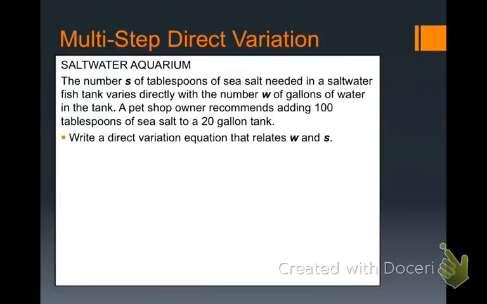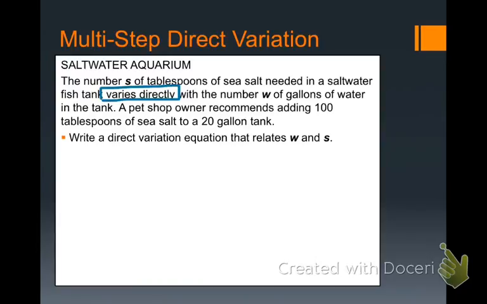Direct variation applies to a lot of real-world situations. We will give you a situation and ask you to set up the direct variation equation. So we have a saltwater aquarium. The number S of tablespoons of sea salt needed in a saltwater fish tank varies directly with the number W of gallons of water in the tank. The first thing you need to notice is that it says varies directly.